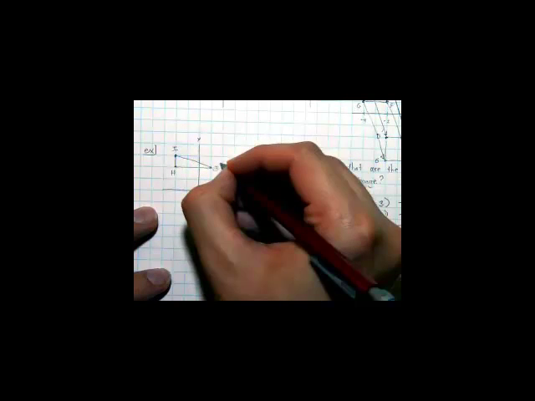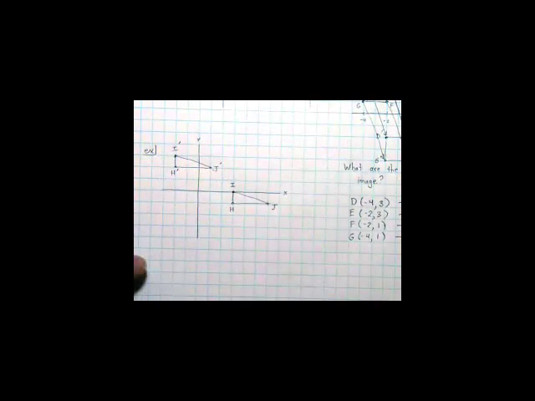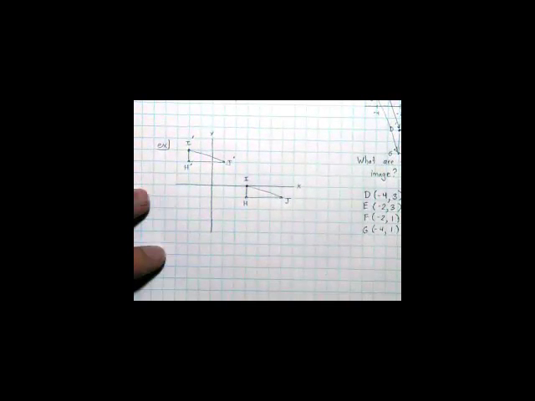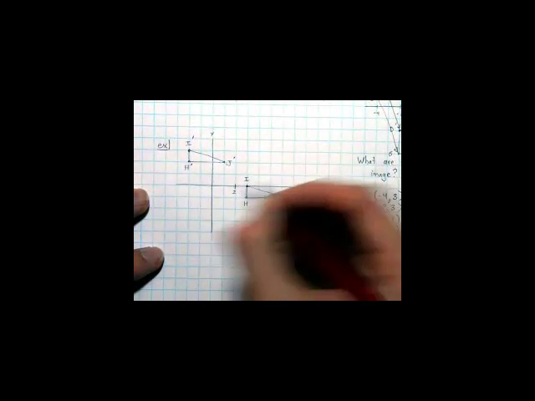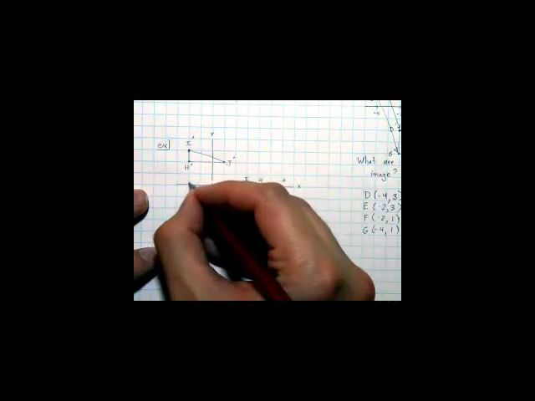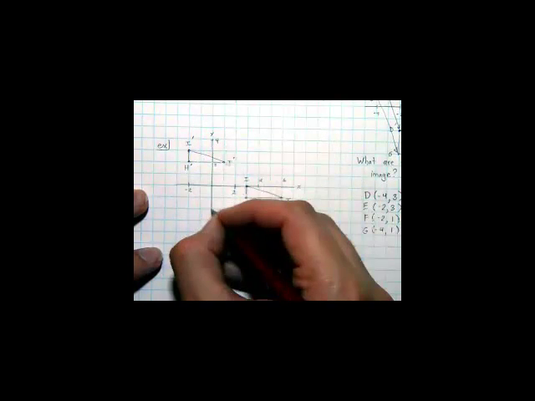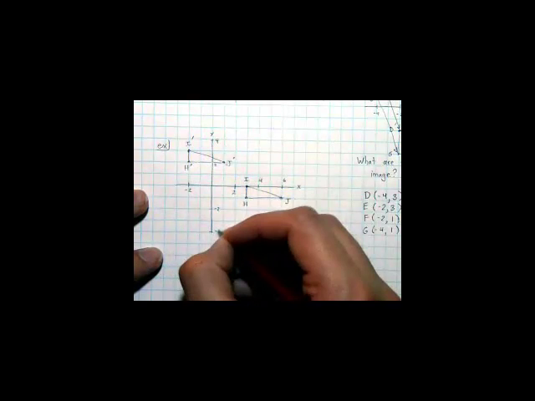And actually, I'm going to make these the primes up here. I'm being sneaky. All right, and I'm going to put some scale on this thing. So there's 2, 4, 6, negative 2. Again, every box is 1 unit, just so we're staying clear on that.